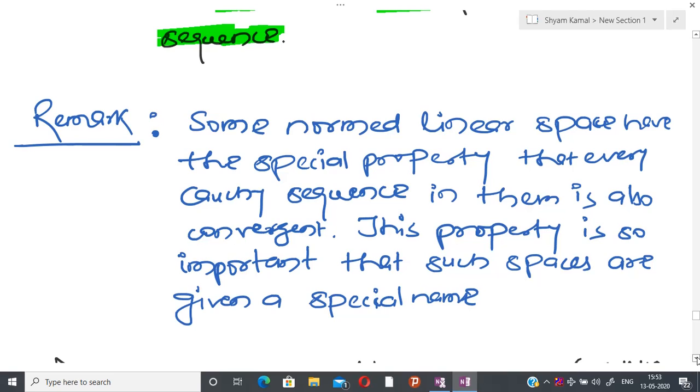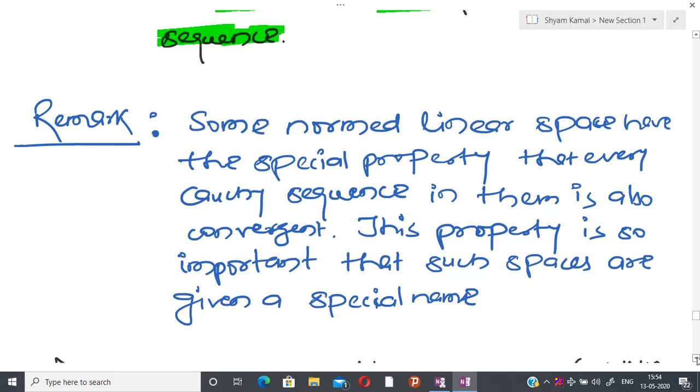That is a very important property for solving any nonlinear differential equation, because if we are able to show that the solution of the differential equation is a function that lies inside the space, and all Cauchy sequences are also convergent, then we are able to show that the final solution of that particular differential equation converges towards some fixed function, and we get the final form of that function.